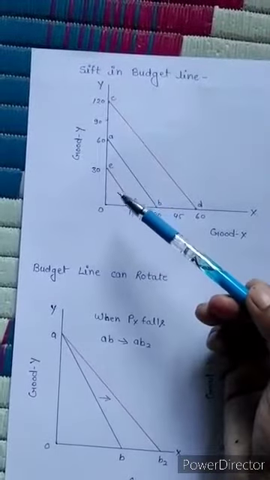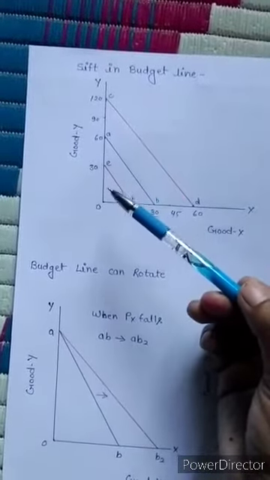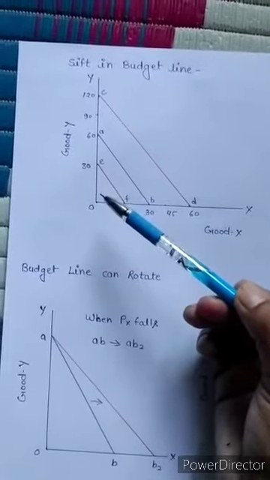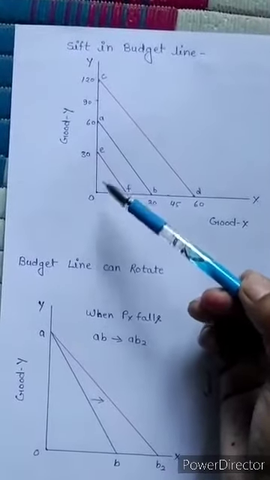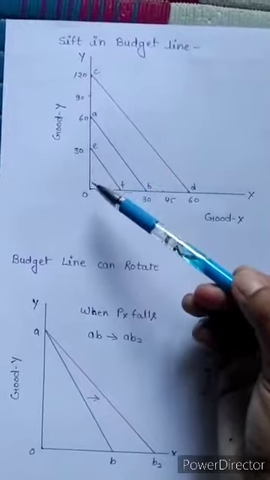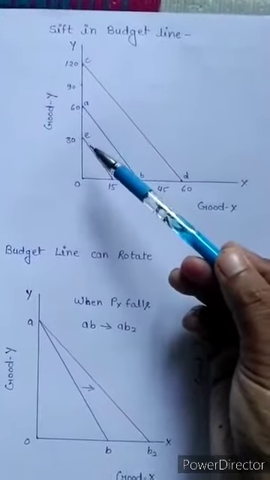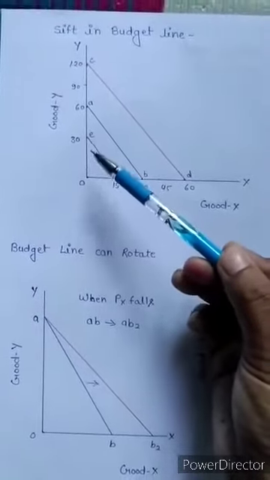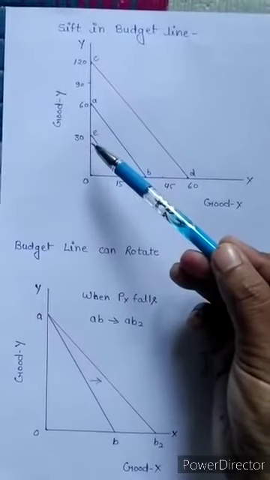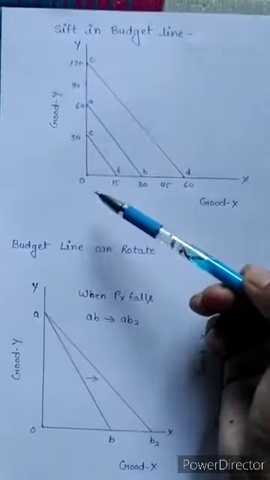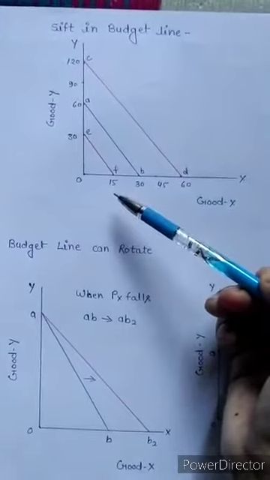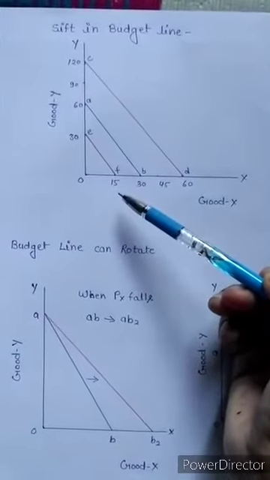Here the consumer income decreases from 60 rupees to 30 rupees. In that condition, if the consumer spends all his income on purchasing goods Y, he can purchase 30 units of goods Y and 15 units of good X.